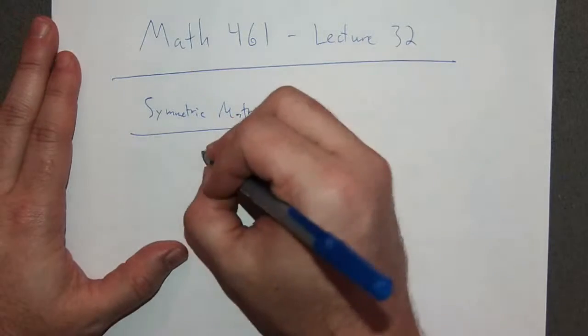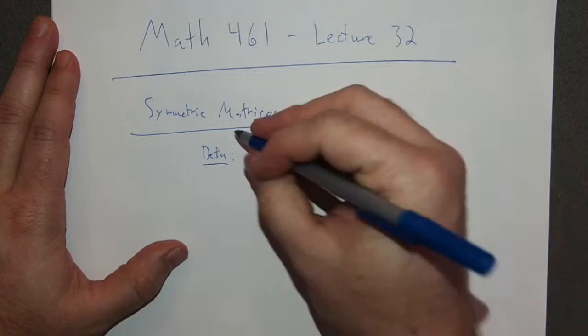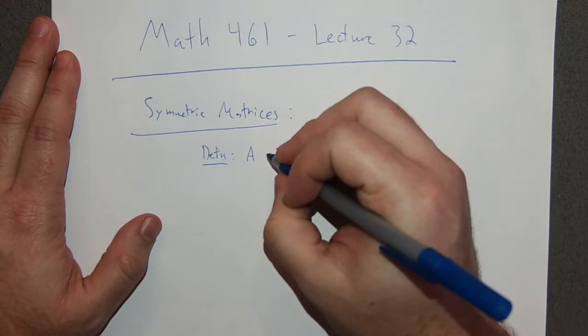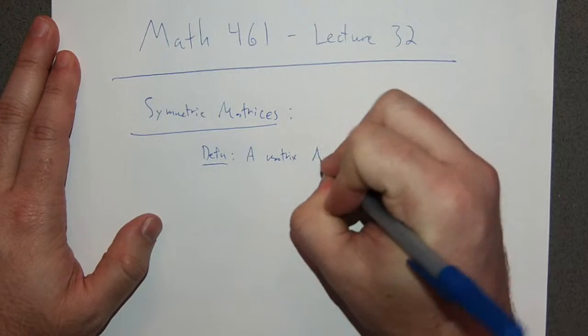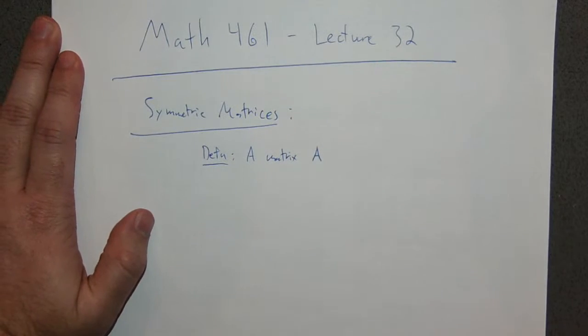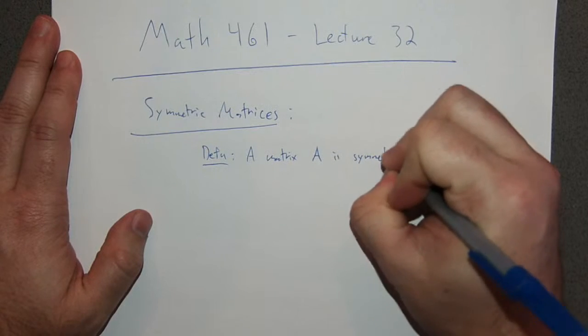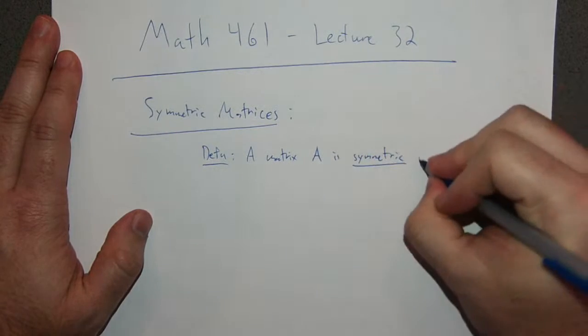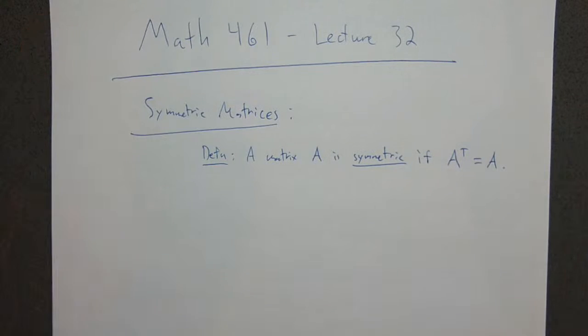So, quick definition, and I might have already defined this when we came across them before: a matrix A is symmetric if A transpose is equal to A. Okay. So if you have a matrix that's equal to its own transpose, it is called symmetric.